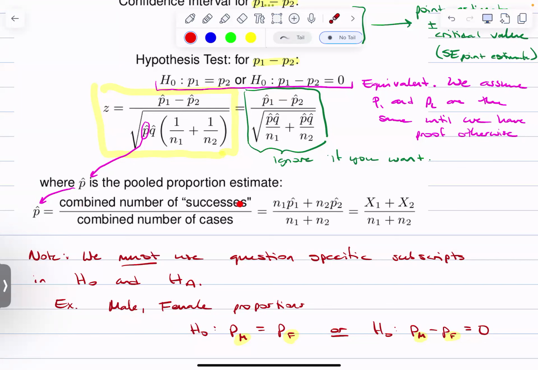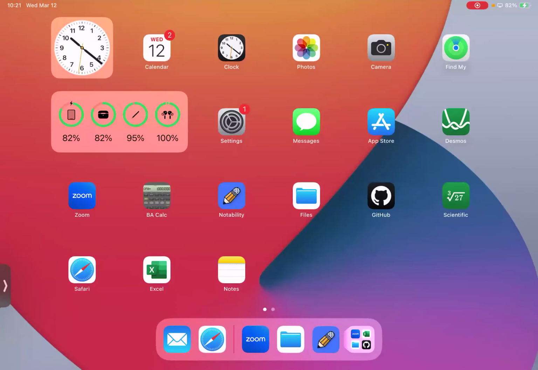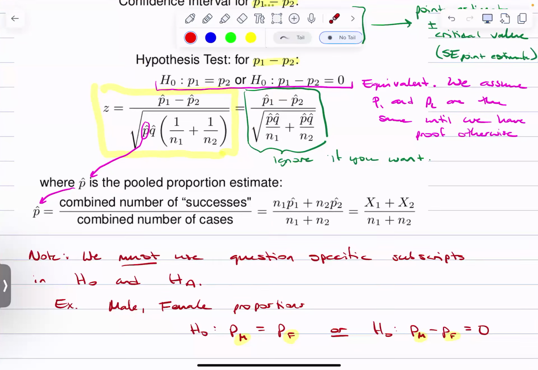But as long as you see that it's the combined number of successes, it doesn't matter how you got there. Notice that these are all equivalent. So just use whichever one you have readily available.